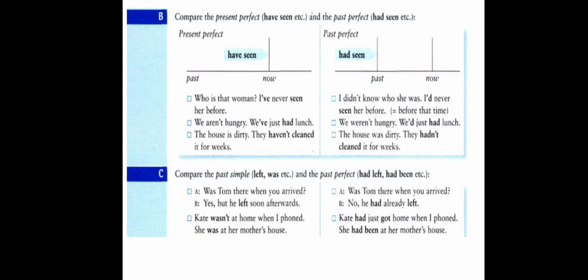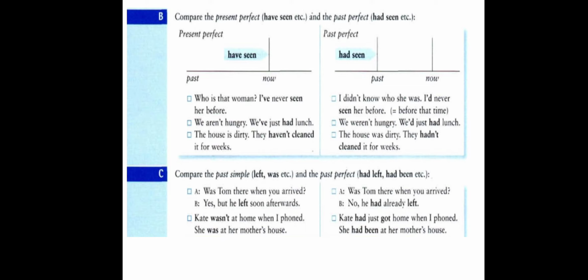So we use, they haven't cleaned it for weeks, let's say 3 weeks or 5 weeks back until now. Since it is until now, we use present perfect. So the verb becomes like this: they haven't cleaned it for weeks. Present perfect.